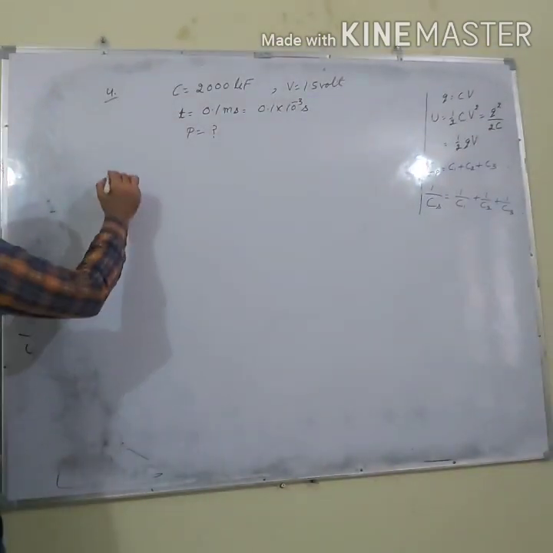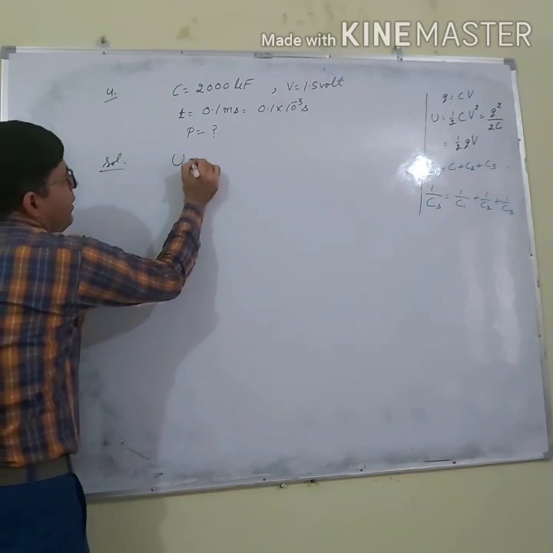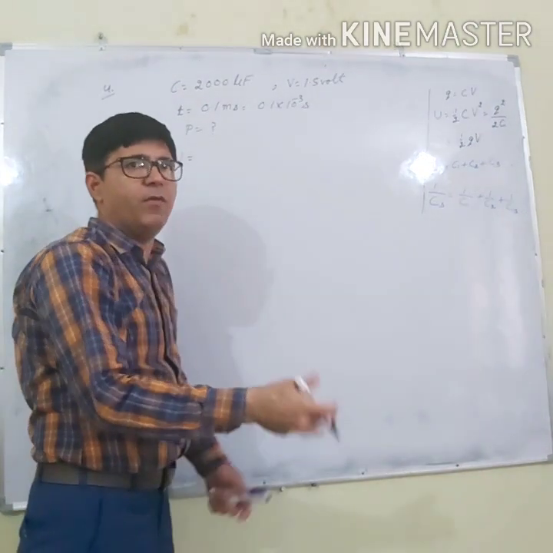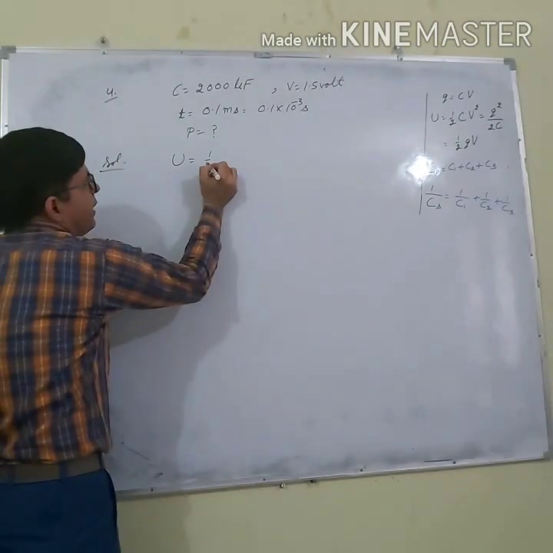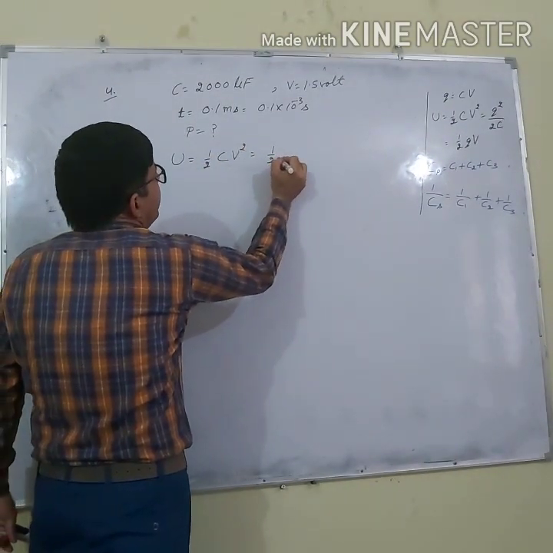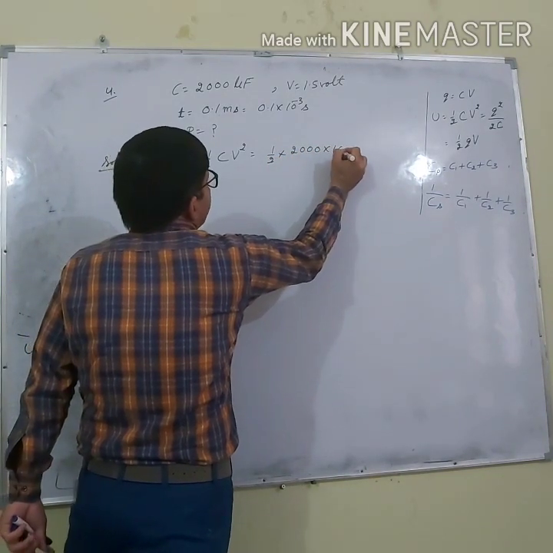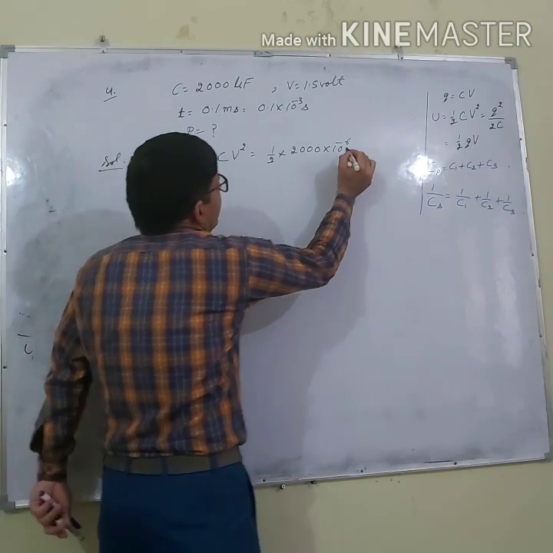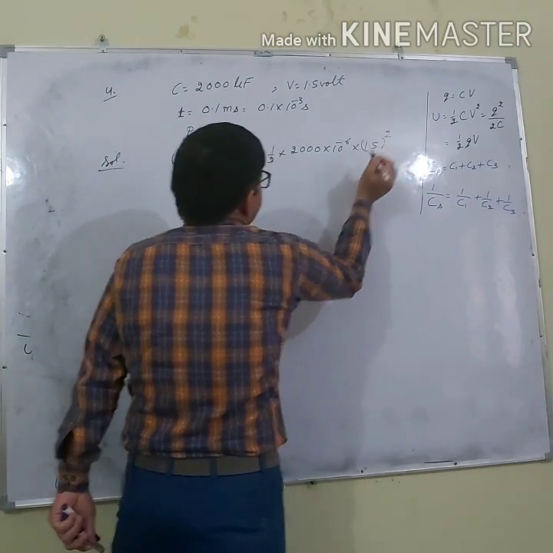Now listen, its solution is, first of all, power is energy upon time, work upon time. And what is the energy here? Energy can be calculated by half CV square. What is C? 2000 microfarad. Micro means 10 to the power minus 6. And what is V here? 1.5 square.